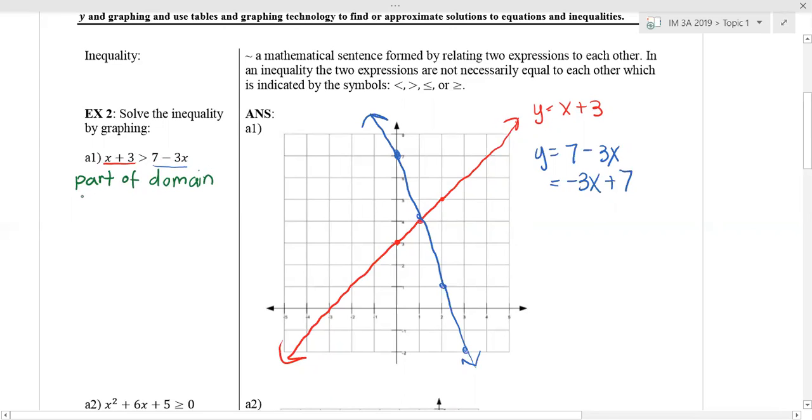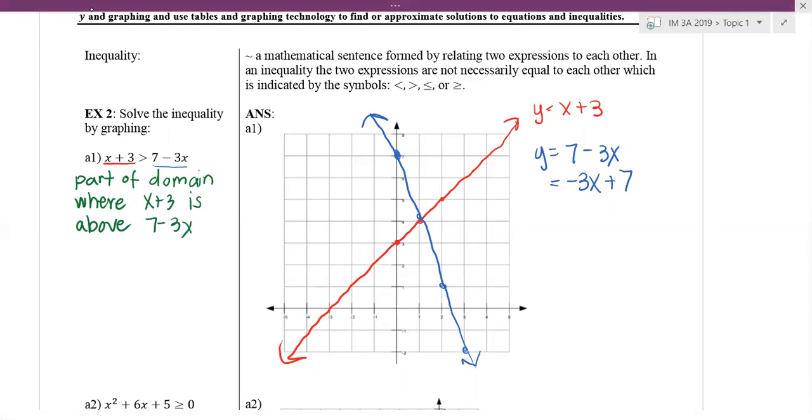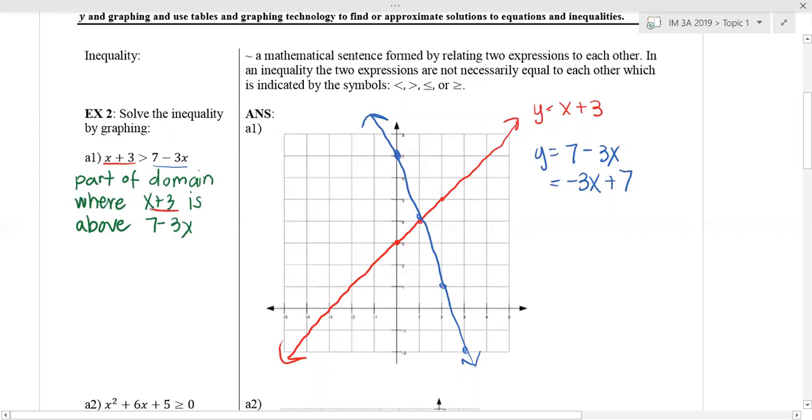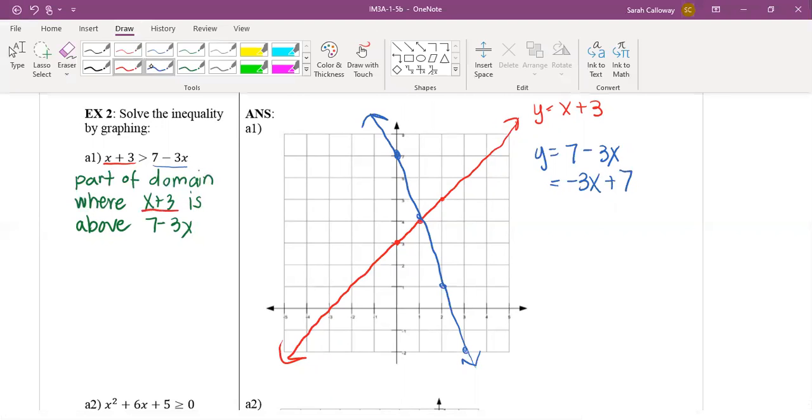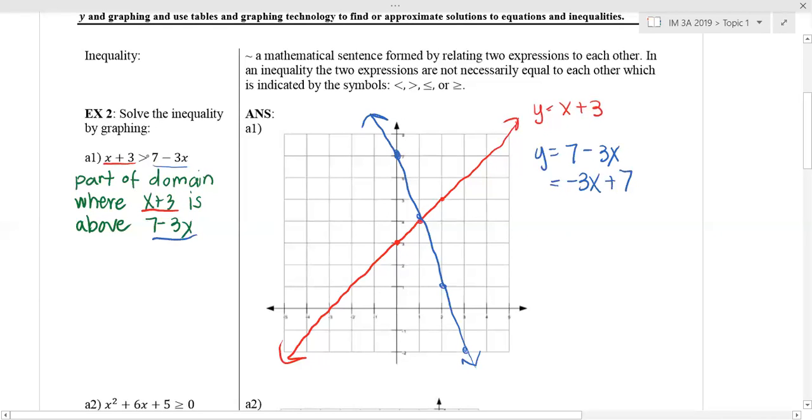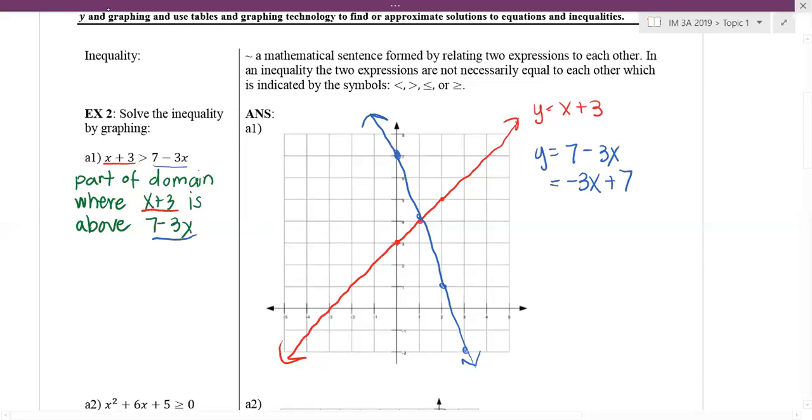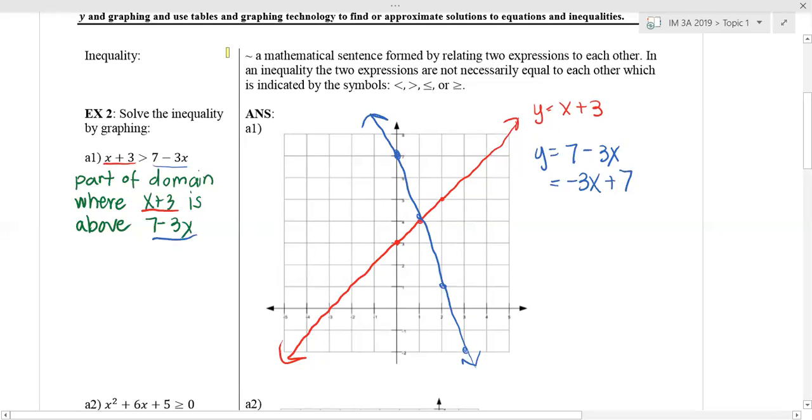So I want to find the part of the domain where x plus 3 is above 7 minus 3x. Since I have colors, I want to find the part where my red is above my blue. And again, the one that's above is going to be the one that is greater. So this greater than tells me I want that part to be above.